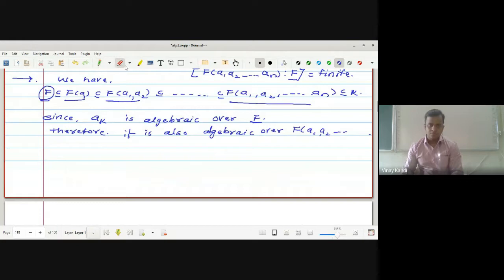AN minus 1. Now with A is equal to 2, A2 is algebraic over F of A1.